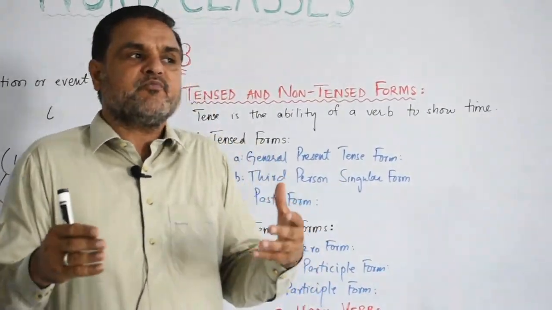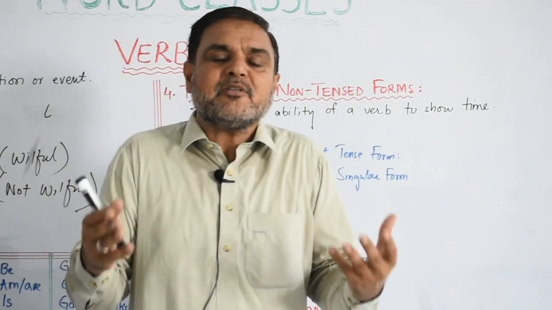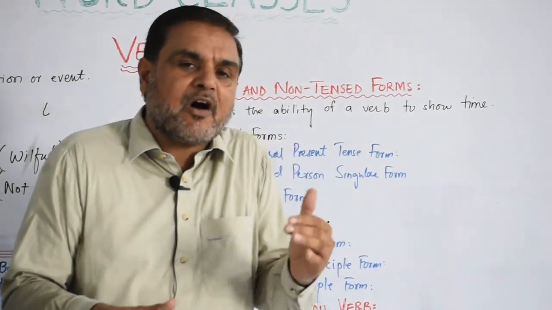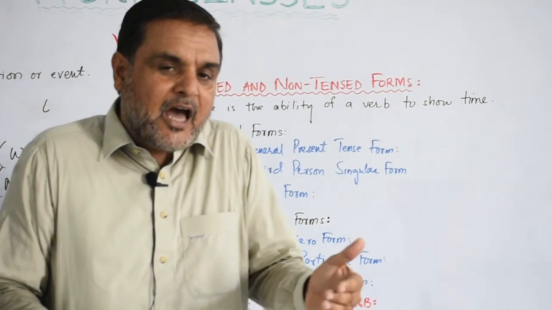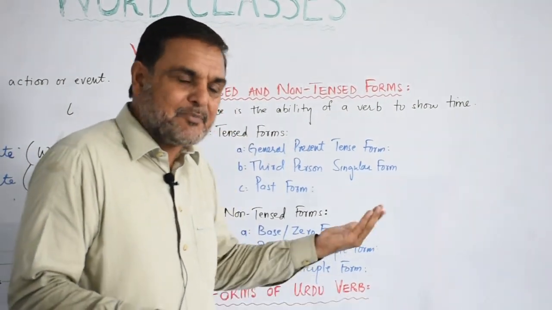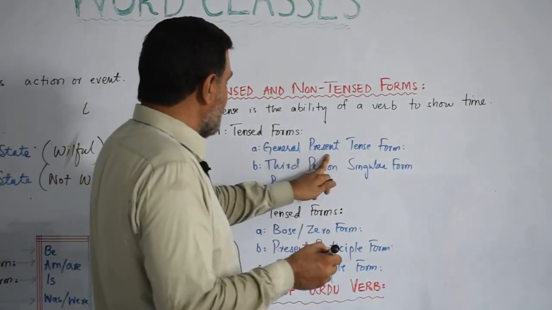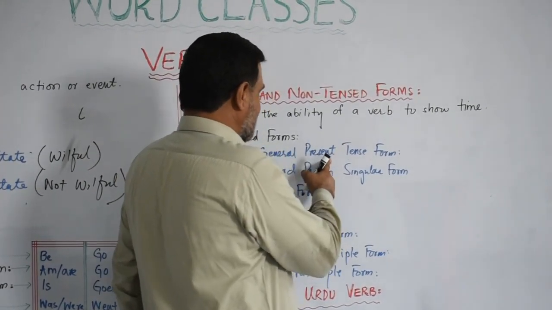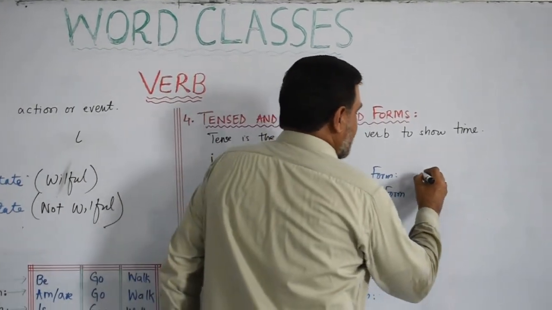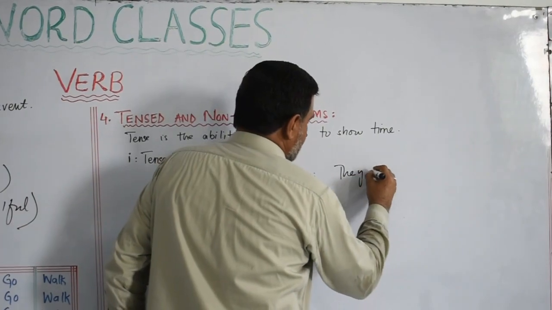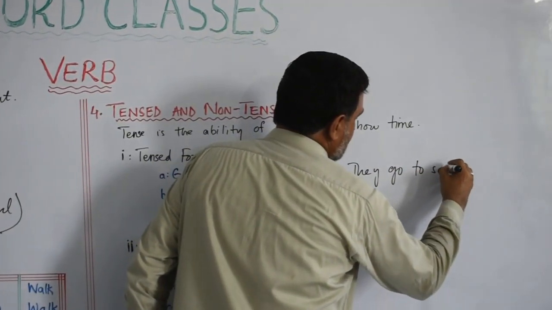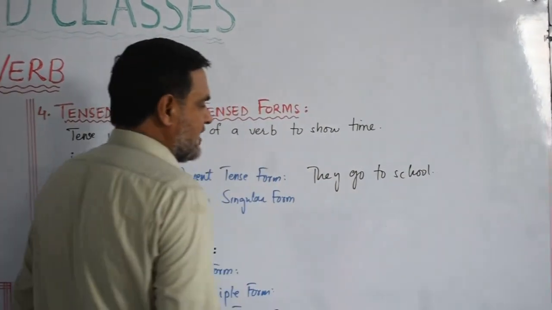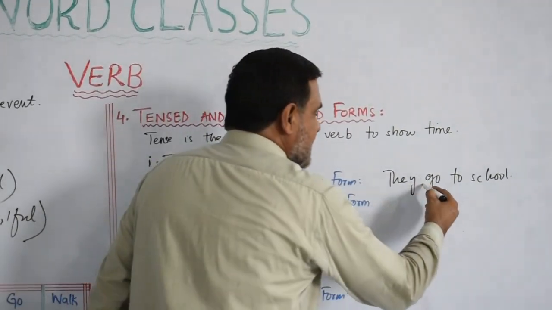Let me give you a practical demonstration of how verbs show time and how verbs don't show time. Let me talk about that in detail. So this is, for example, the first general present tense form. They go to school. Now this is the general present tense form.